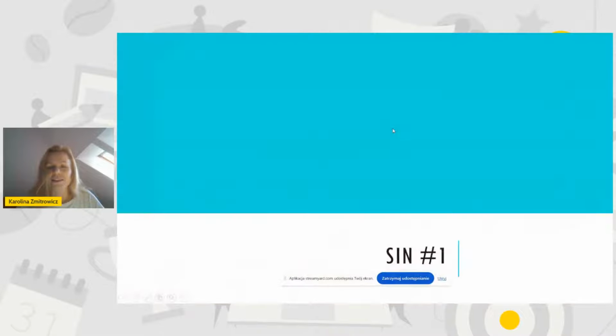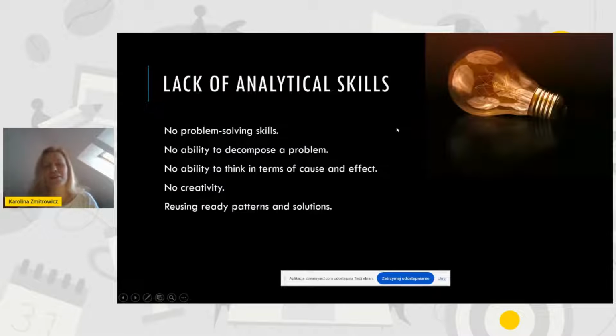And let's start with sin number 1. Sin number 1 could sound a little bit strange. One of the problems that I often notice when I observe business analysts at work is that actually they are lacking analytical skills, which sounds really strange. Business analysts are lacking analytical skills.